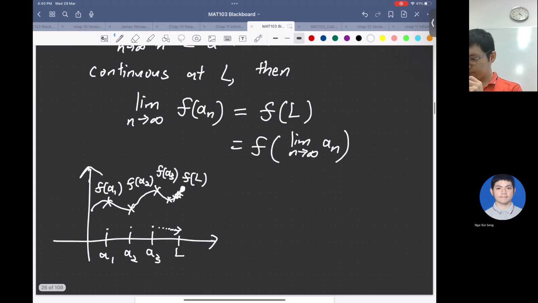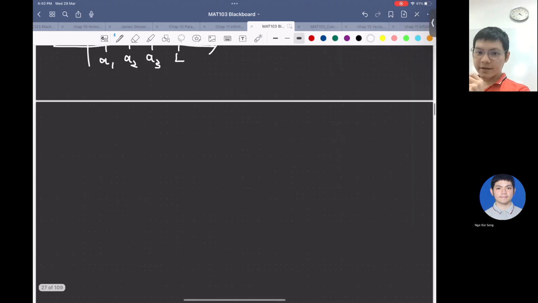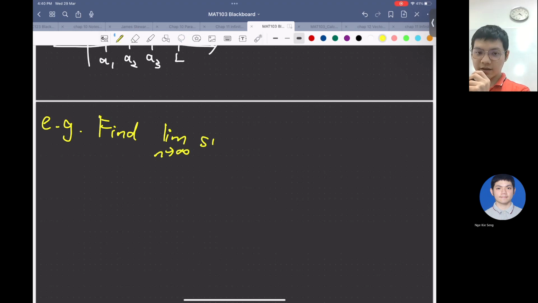Okay, let's look at an example. Find the limit as n goes to infinity of sine(pi over n). You can try some numbers. What is sine pi? It's 0.